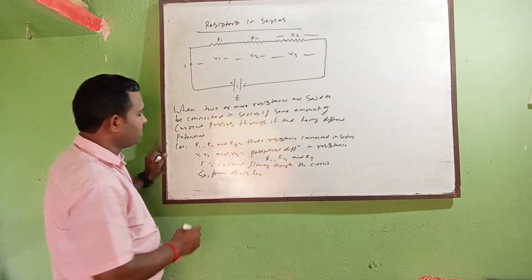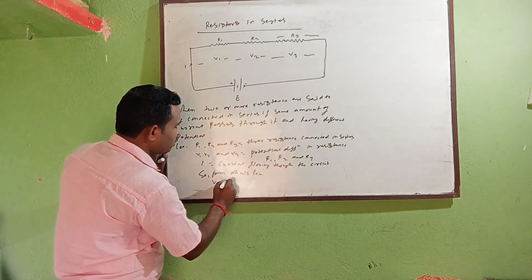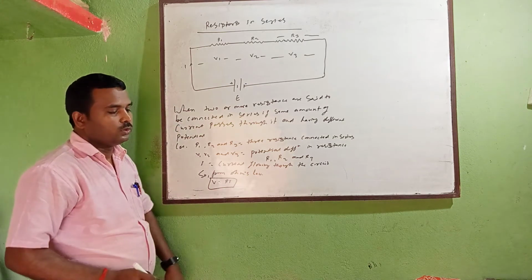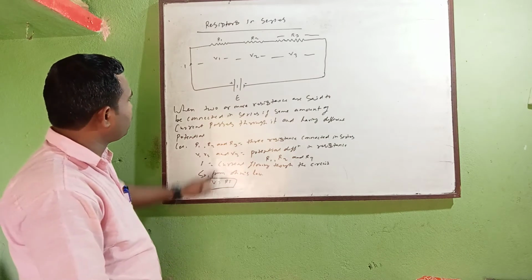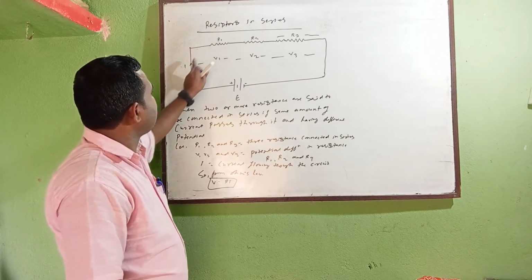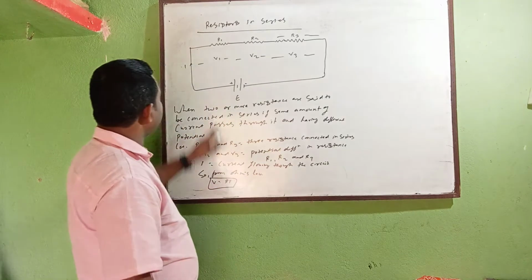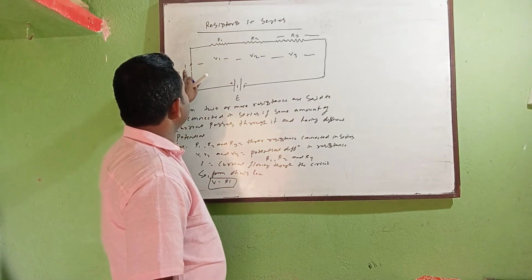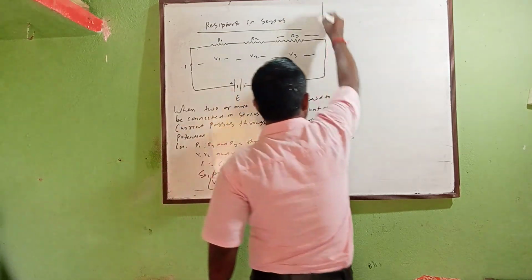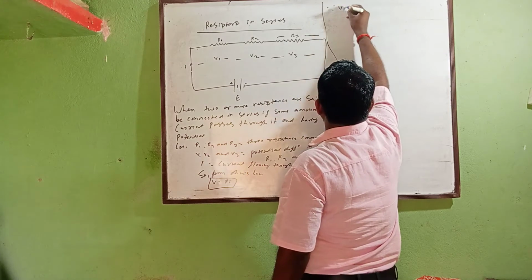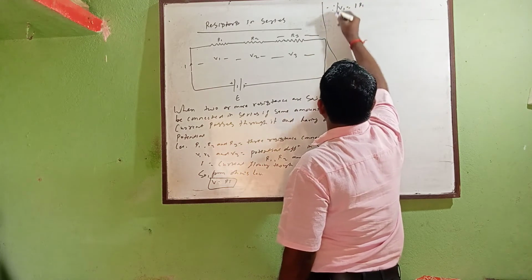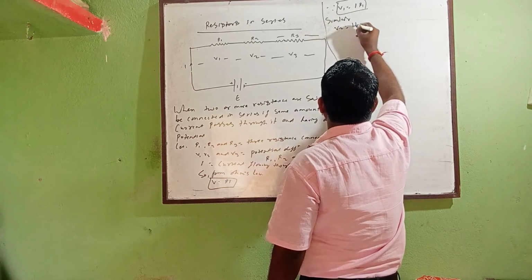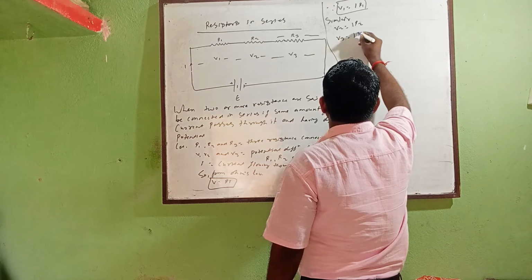From Ohm's law we can write V is equal to IR. So you can write V1 is equal to IR1, V2 is equal to IR2 and V3 is equal to IR3.